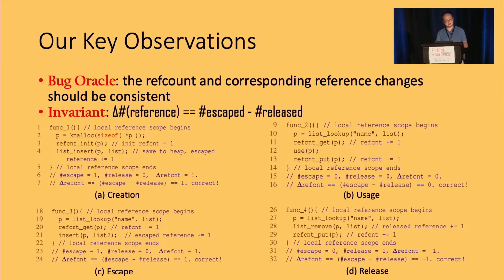In this case, you have a new permanent reference count. And the last one is release, where you grab that reference and you try to free that object. By narrowing the analysis scope to these four cases, we can significantly increase the scalability of the analysis.